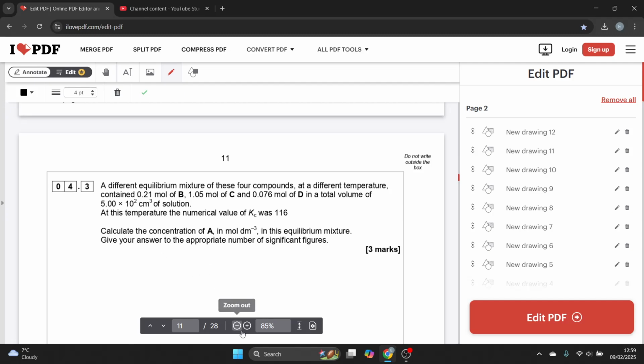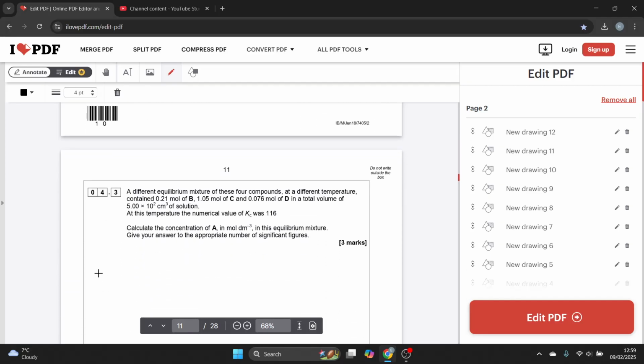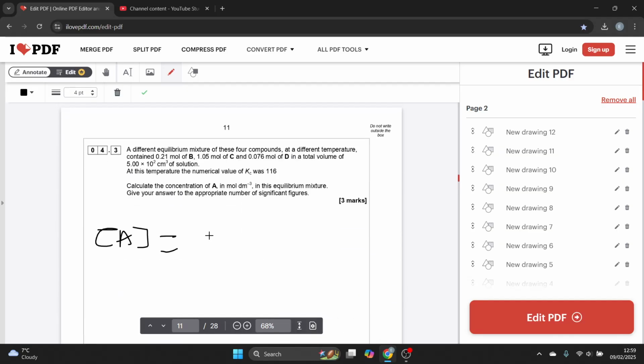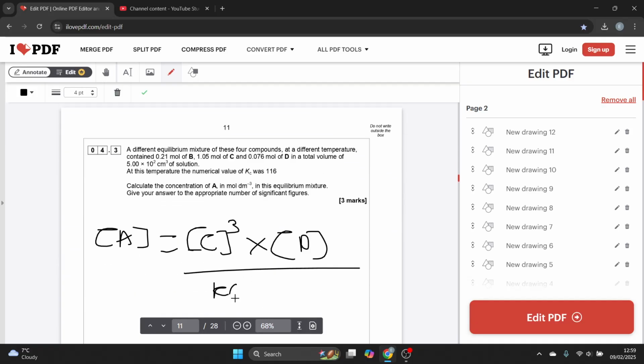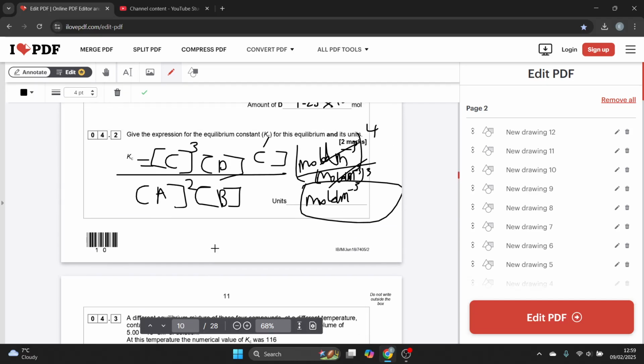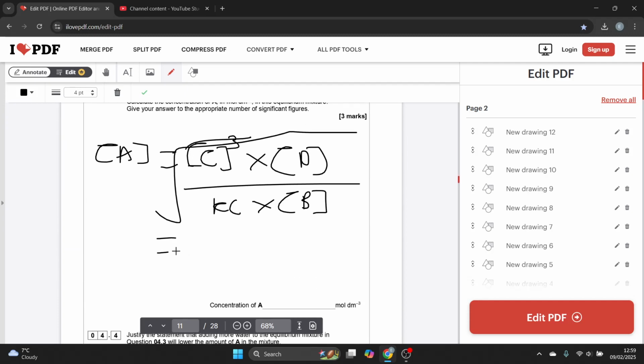Calculate the concentration of A. So the first thing I would do is rearrange it to find the concentration of A. So the concentration of A equals the concentration of C cubed times the concentration of D, divided by Kc times the concentration of B, and then square root the whole thing. That's all I'm doing. Just rearrange it and square root the whole thing.